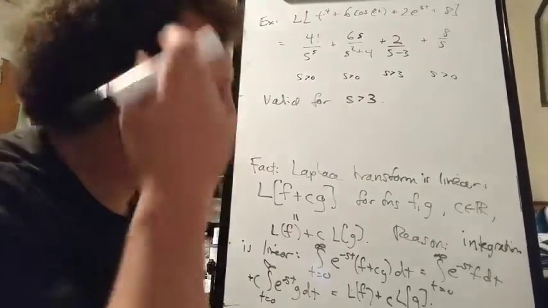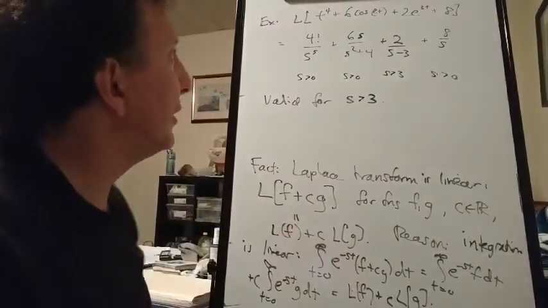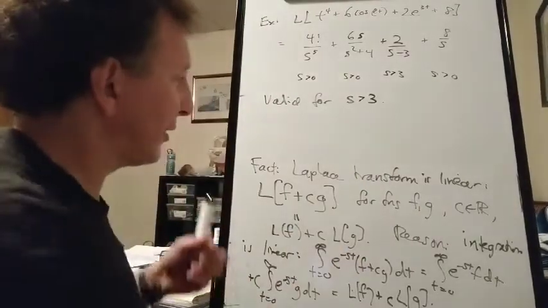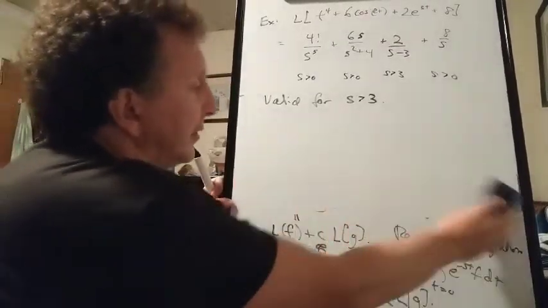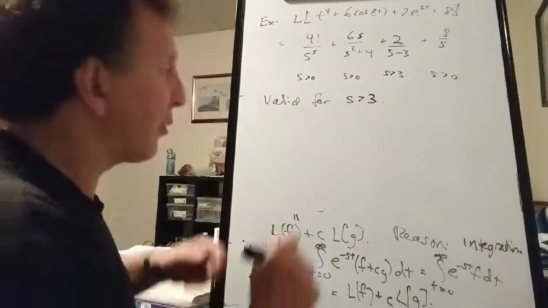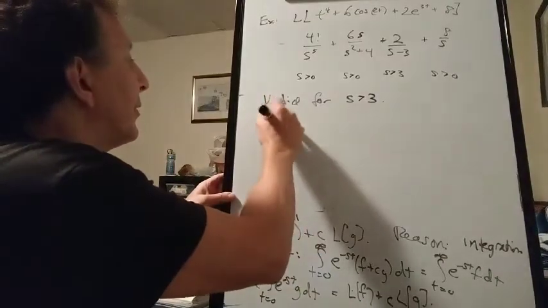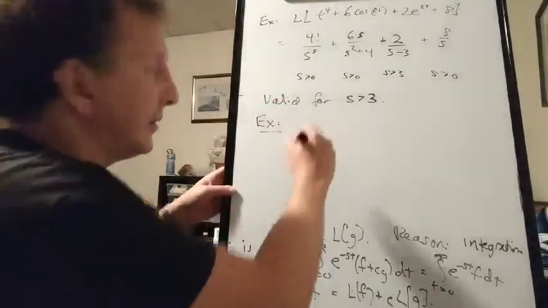Alright, now all the examples we've done so far involve continuous functions, but the whole point of introducing Laplace transforms was to work with discontinuous functions. So let's do an example with a piecewise continuous function.